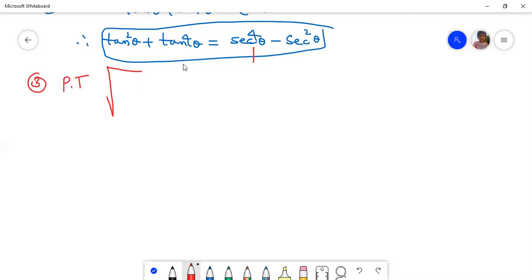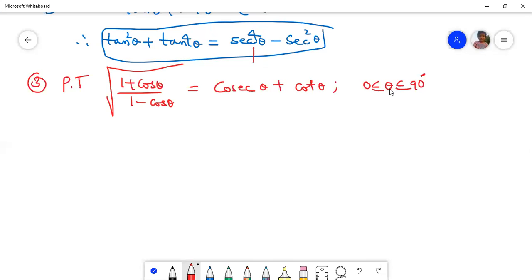Prove that square root of 1 plus cos theta by 1 minus cos theta equal to cosec theta plus cot theta, where 0 is less than or equal to theta is less than or equal to 90 degrees. That condition for the angle means we are taking the first quadrant. In the first quadrant, we use the identities. By using identities, we can show that the left hand side is equal to right hand side.